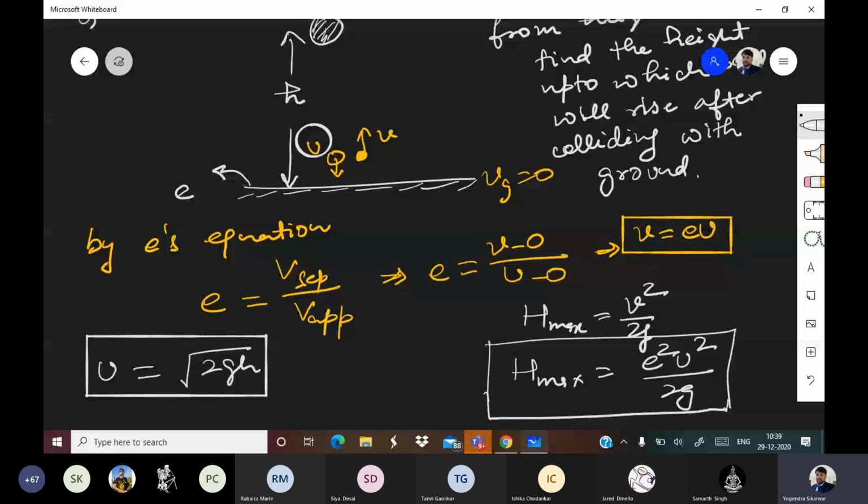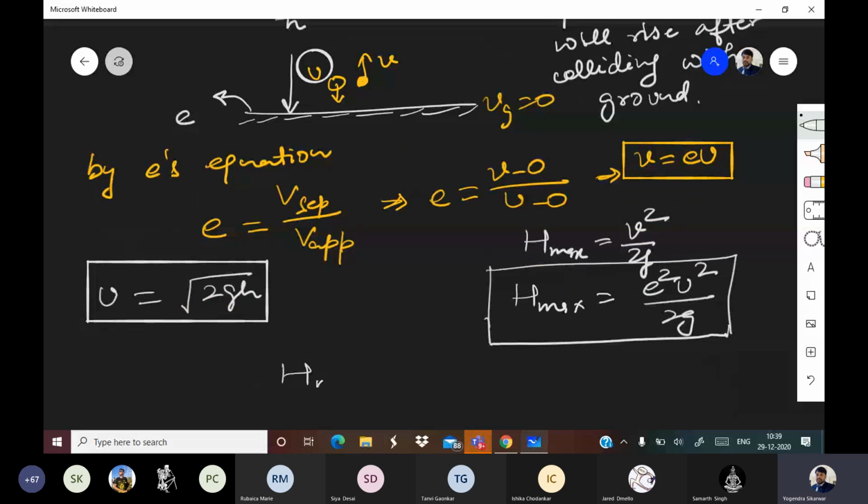Let us put that. We get H max is equal to E square under the root of 2GH whole square upon 2G, and that will be E square H. This is the answer.